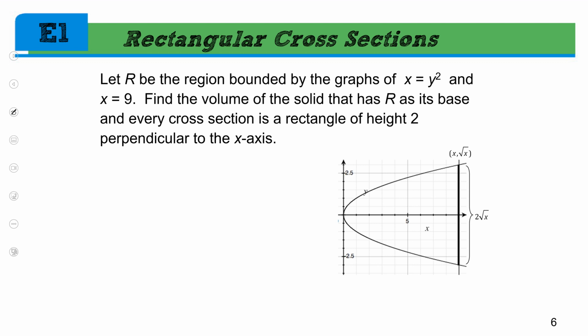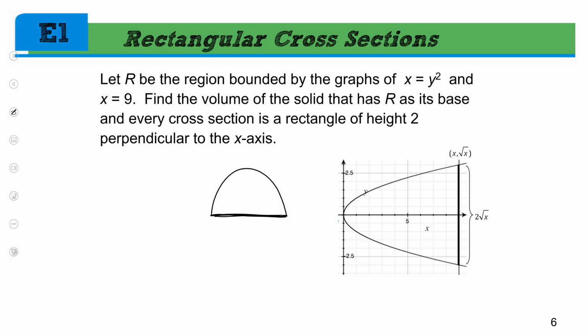A semicircle, outstanding. I'm going to do the exact same problem, but instead of a rectangle, it's going to be a semicircle, which means I'm going to start with this. It's not great.